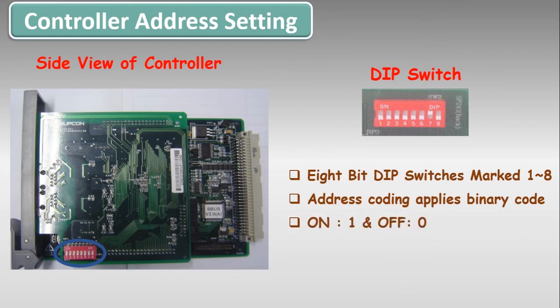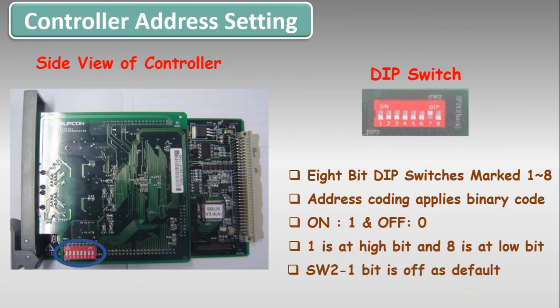When the switch is in the on state, it indicates binary 1, and when the switch is in the off state, it indicates binary 0. According to the mark numbering, 1 is the high bit and 8 is the low bit. The marked switch 1 is off by default, as it has been shielded for communication. The switches marked 2 to 8 are used for the address setting of the controller.